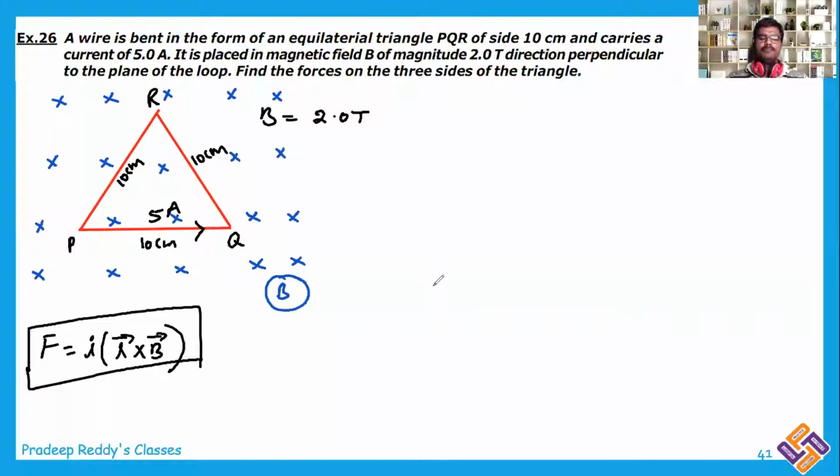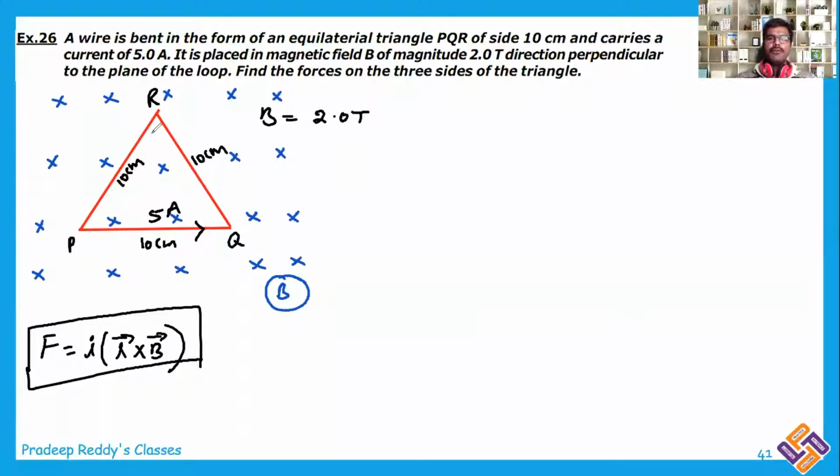Now, remember that this is a closed loop, and the loop wire starts at P. From P to Q it is one segment, Q to R it is one segment, and R to P it is one segment, right?